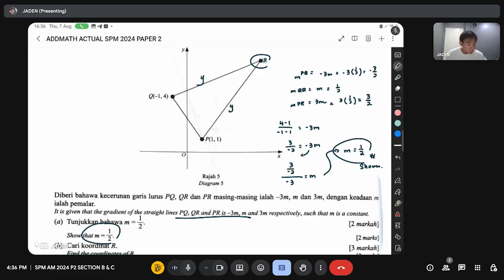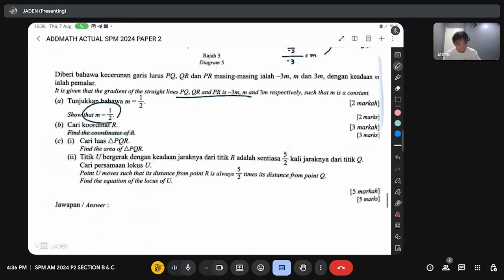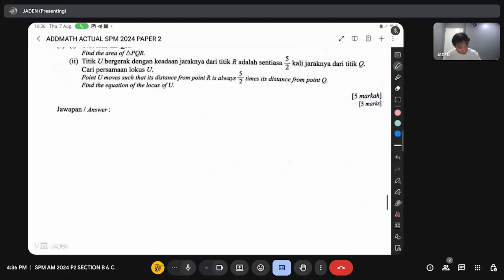Okay, so form an equation. The gradient of QR is 1 over 2, PR is 3 over 2. Let me write it here. Gradient PR 3 over 2. Gradient of QR is 1 over 2.